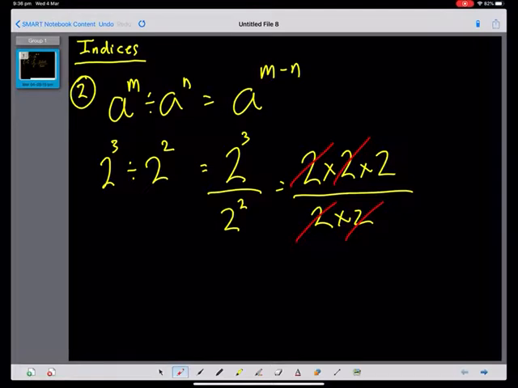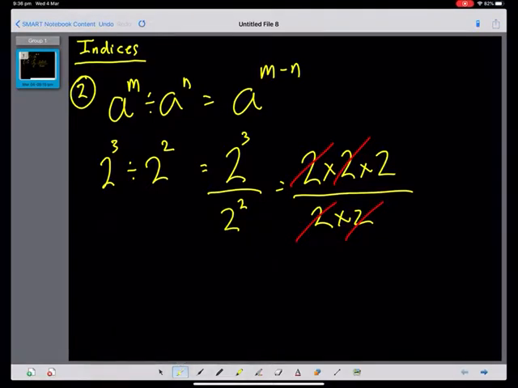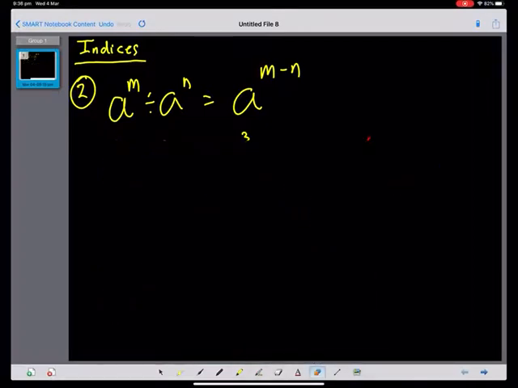Here we get 2 to the 1, which is the same as doing 2 to the 3 minus 2, which is just 2 to the 1. If you don't understand that, you can still apply this index law.